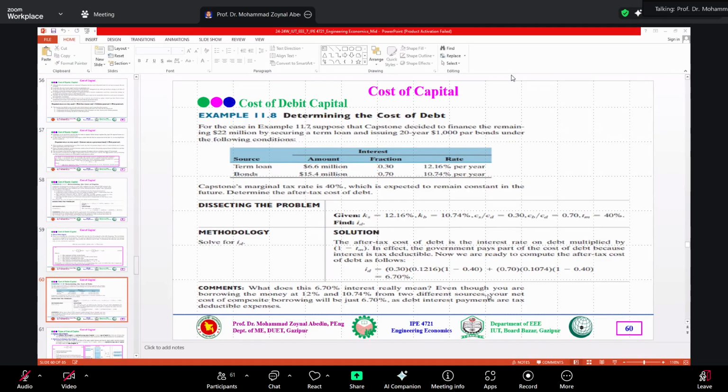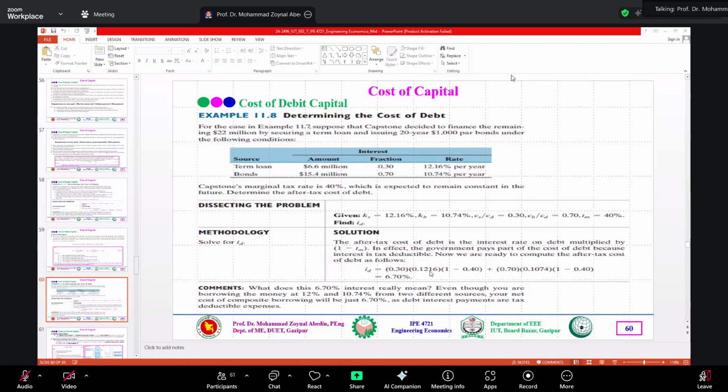Even though you are borrowing the money at 12.16% and 10.74% from two different sources, your net cost of composite borrowing will be just 6.70%, as debt interest payments are tax deductible expenses.